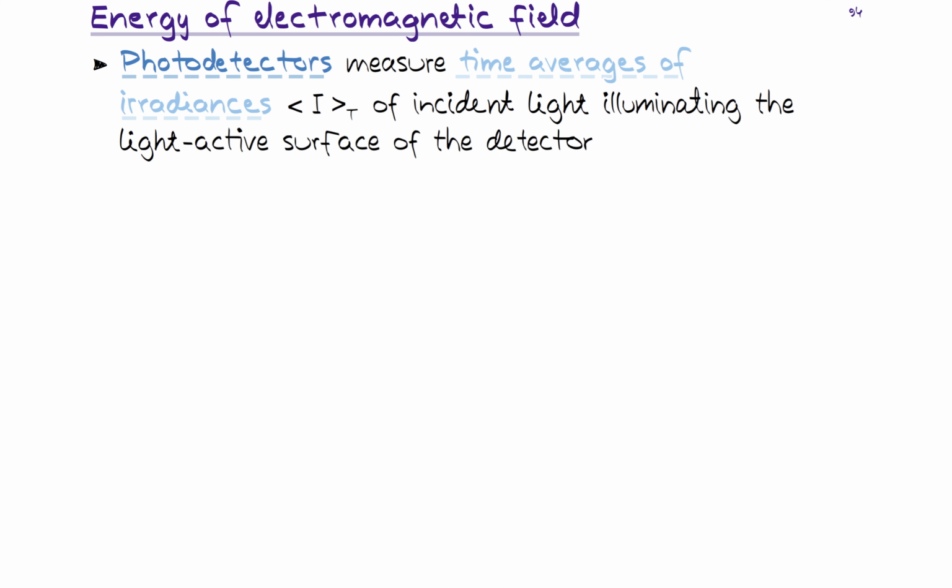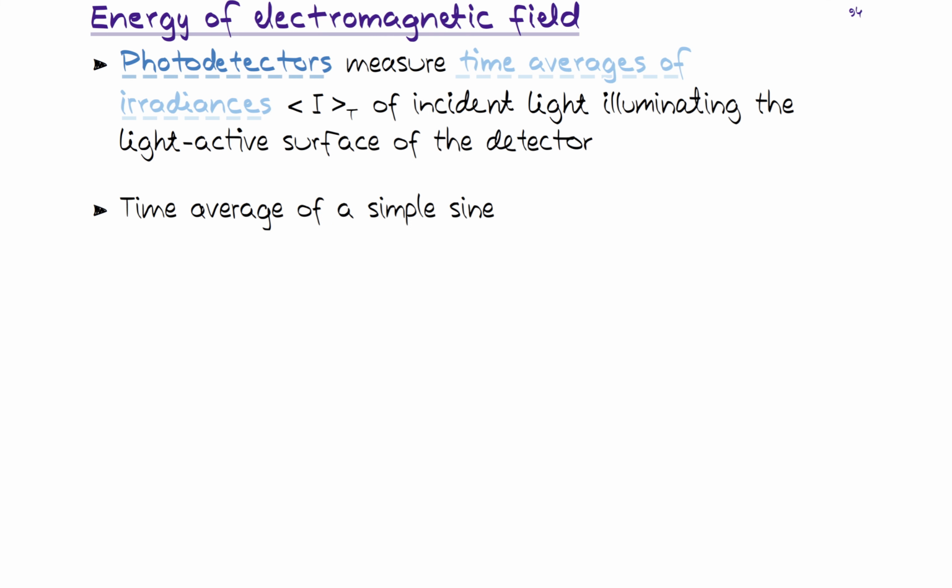And of course, how much light hits the light active surface of the detector also plays a role when we are measuring something. So let's now look into what kind of time averages are associated with simple looking waves.